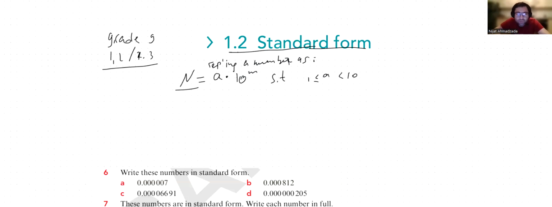For example, if we have the number 67, we have to represent it as a times 10 to the power of m.